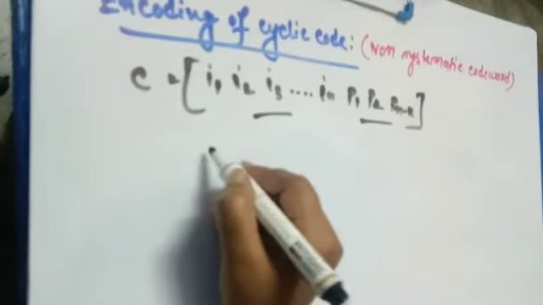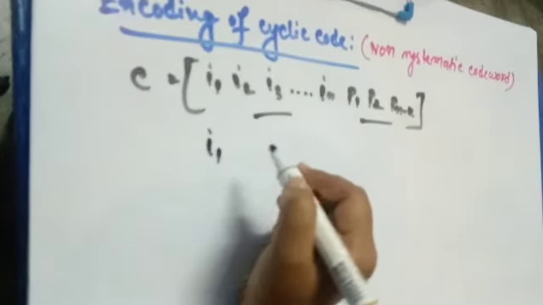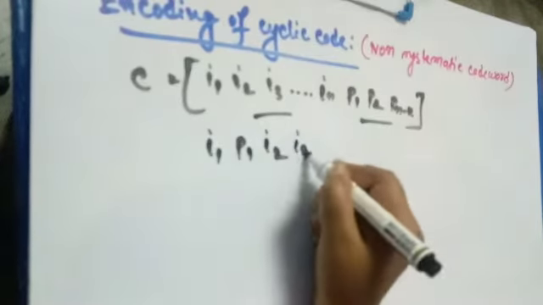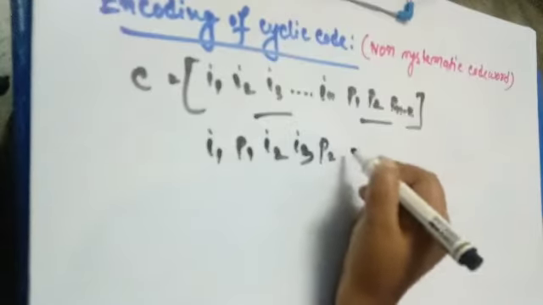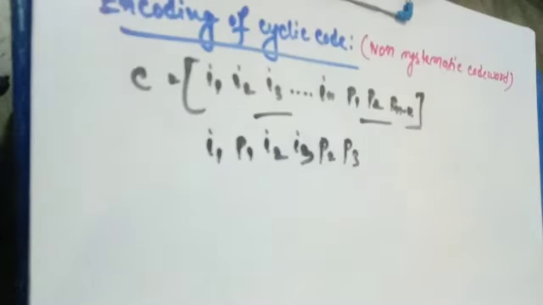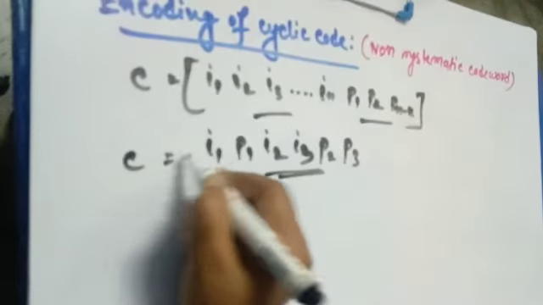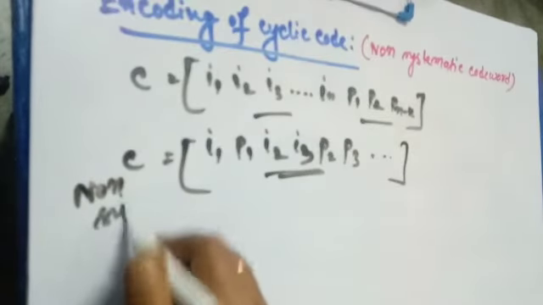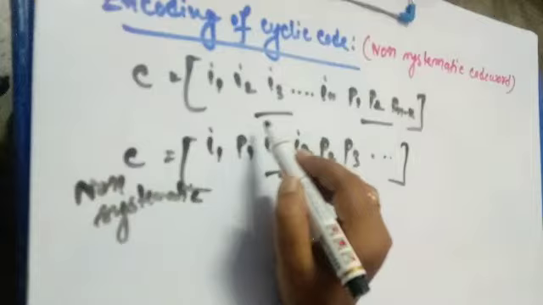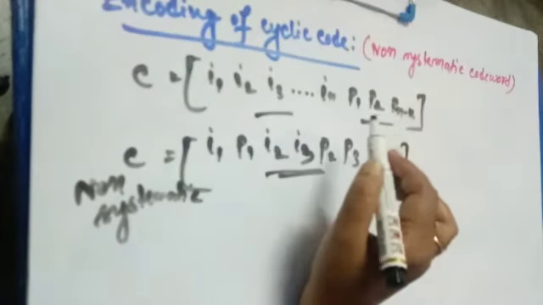That means it may be that the first bit of the code word is an information bit, then the second bit is a parity bit, again an information bit, then 2 bits are information, then again 2 bits are parity, and in this way information bits and parity bits are mixed up for a non-systematic code word. In case of systematic code word, the information bits and parity bits are separated.